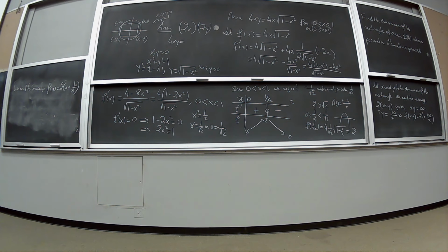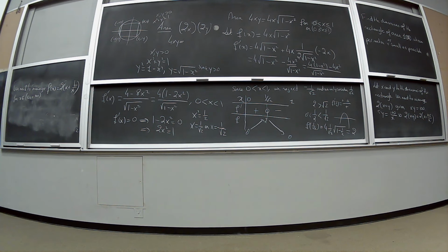If x is 1,000,000, then y is 100 over 1,000,000. If x is 1,000,000,000, then y is 100 over 1,000,000,000. If x is 10 trillion, then y is 100 over 10 trillion. You guys see this? So x can be positive. What do I need to do?